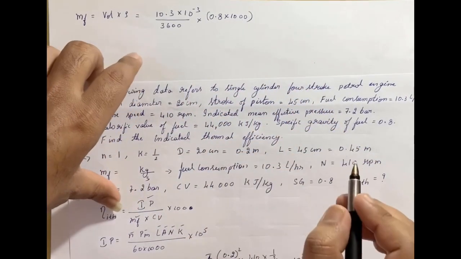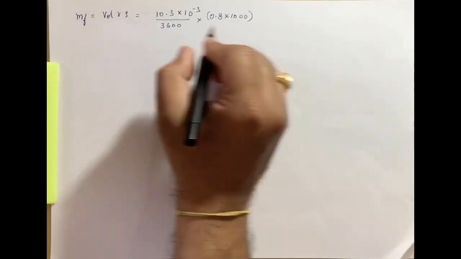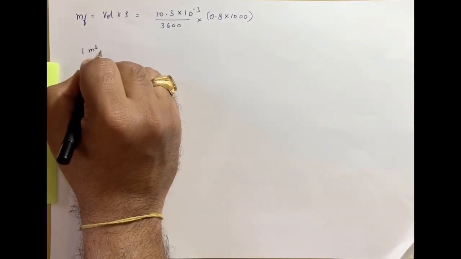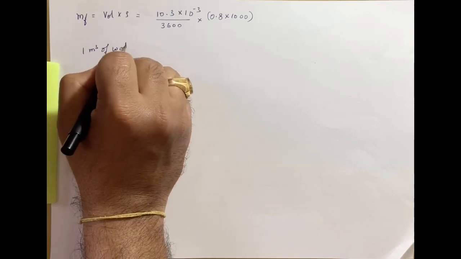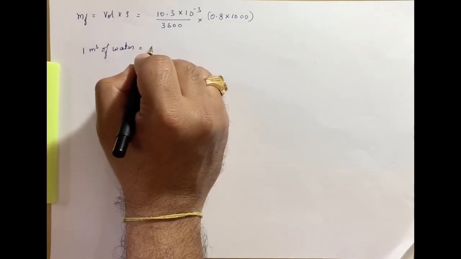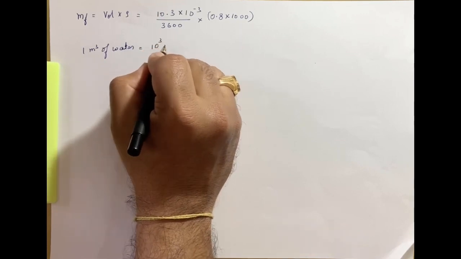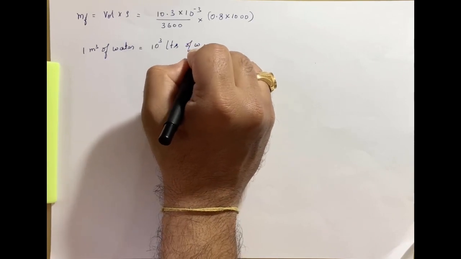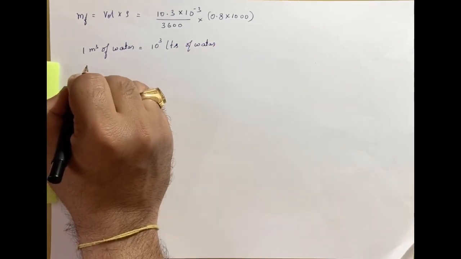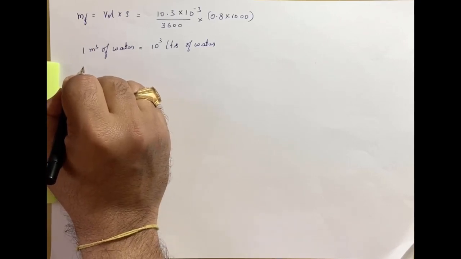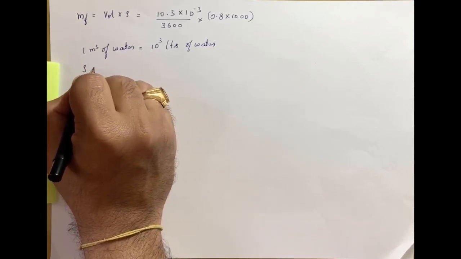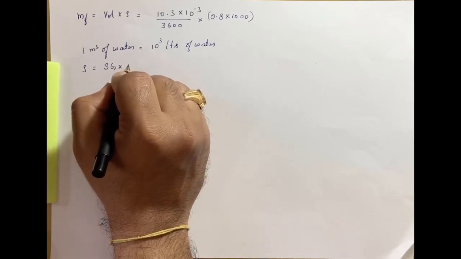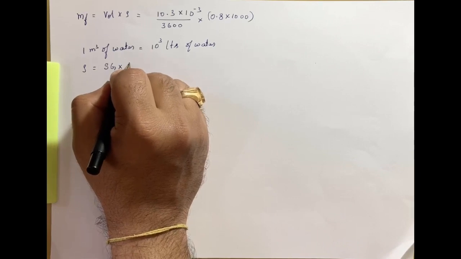Again, 1 meter cube of water is equal to 10 raised to 3 liters of water.